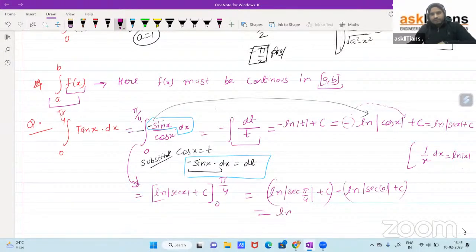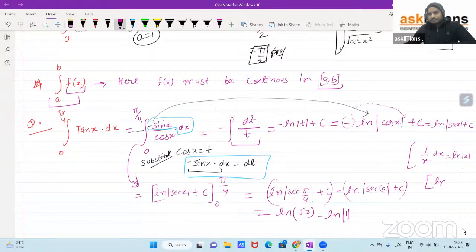Okay, so ln of sec pi by 4. Sec pi by 4 would be 1 upon cos pi by 4, and cos pi by 4 is 1 by root 2. So sec pi by 4 will be root 2 only. The c will be cancelled, no need to write that. Minus ln of sec 0, which will be 1 upon cos 0, and cos 0 is 1. So it will be 1 only. And you all know that ln 1 is 0.